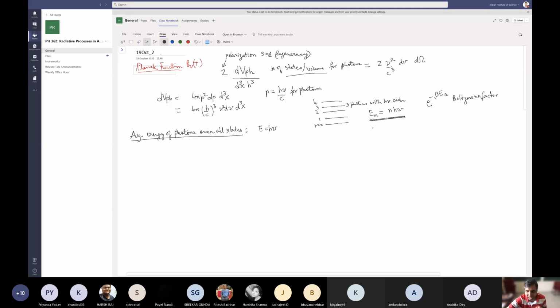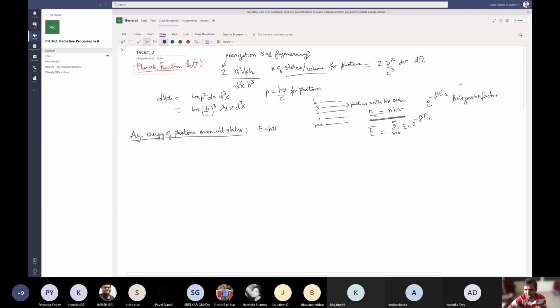Okay, so we can actually calculate the average energy. There are many ways in which you can do this calculation. This is the more classical calculation. You can use the grand canonical ensemble and whatnot, right? So this is the mean energy, and this is nothing but the summation over n equals 0 to infinity of E_n e to the minus beta E_n, divided by the summation over n equals 0 to infinity of e to the minus beta E_n.